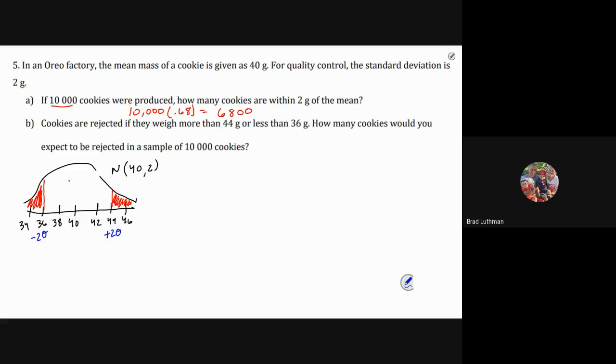So we know the acceptable range in between here is 95%. So if we do 1 minus 95%, we're at a 5% rejection rate. So if we take 10,000 cookies times 5%, we're going to get 500 rejected cookies. Sad face. Bye, Oreos. I'll never reject you.